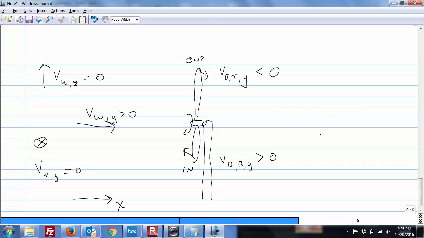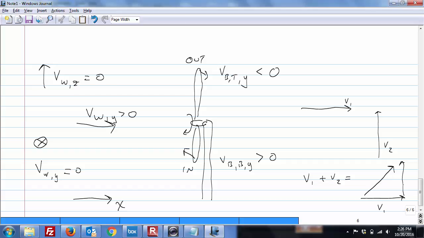And let me just give you one vector example. So if I had two cars, this is V1, and I have another car coming here, V2. V1 plus V2 looks like this. You add the V2 to the V1, and this is the relative velocity.